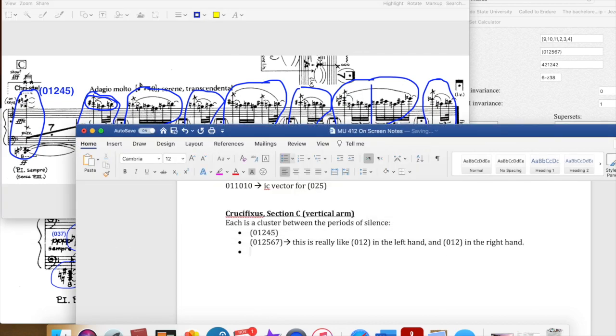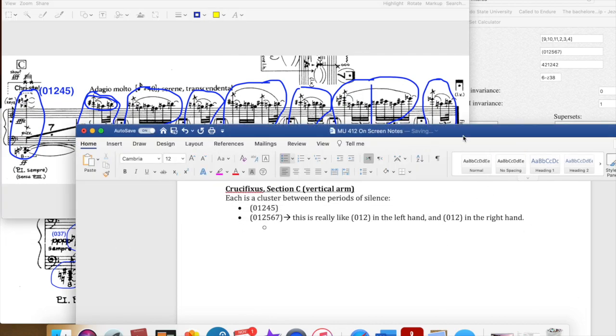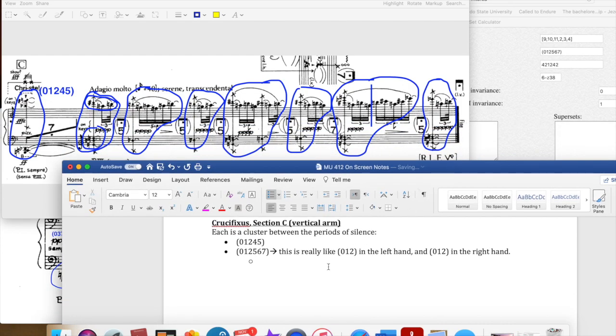Let's note them by their pitch names here. We've got, in the left hand, 4, 10, and 2. Oh, interesting, actually. They're not 0, 1, 2 and 0, 1, 2 the way that they're actually voiced. Are you seeing that? So it's not 0, 1, 2 in the left and 0, 1, 2 in the right. We're going to come back to it.